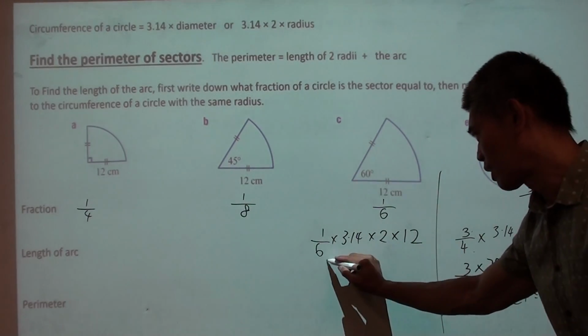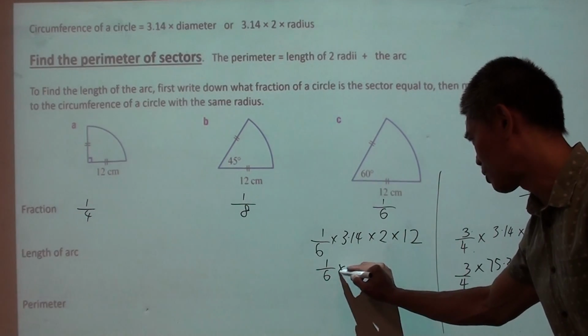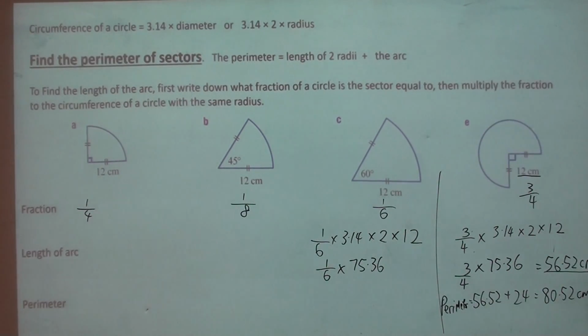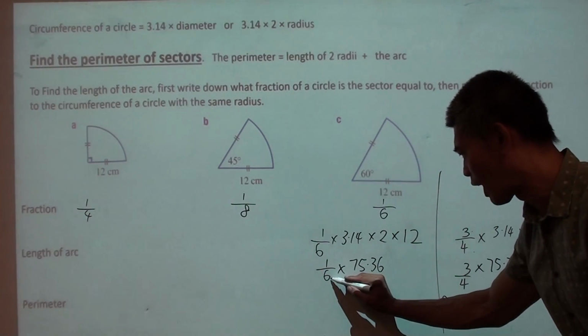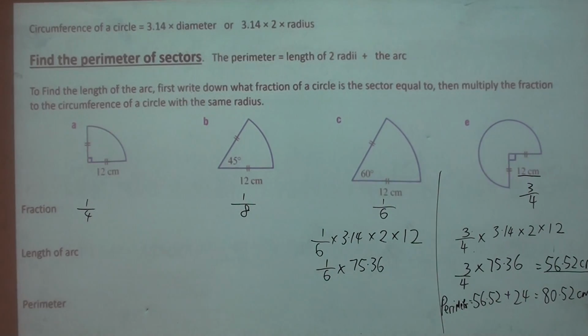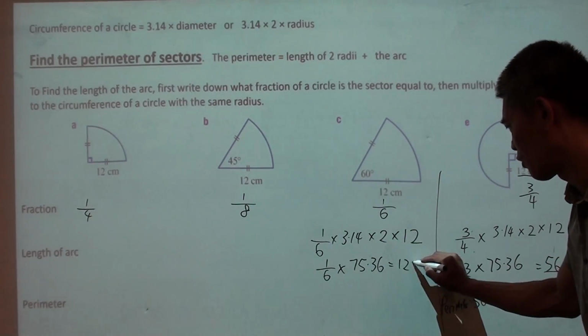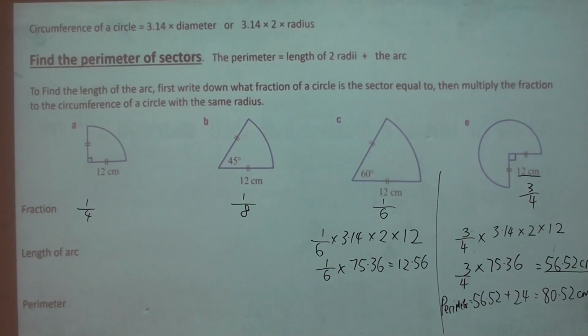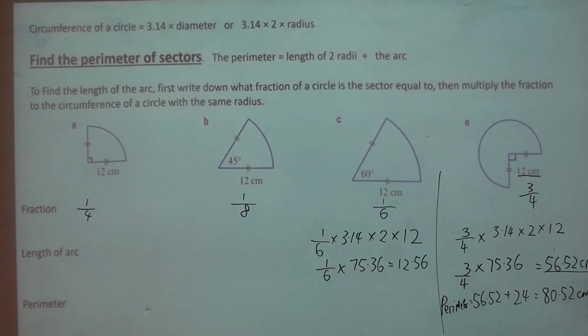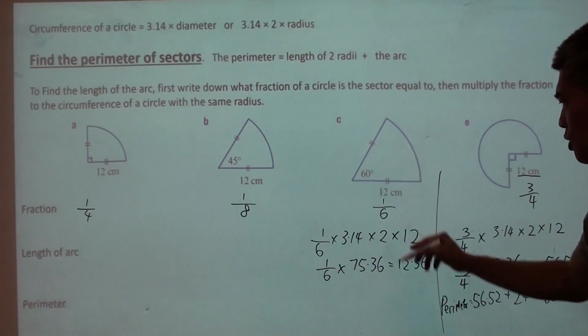So therefore that's 1/6 times 75.36. So that's 75.36 divided by 6. That gives me 12.56.